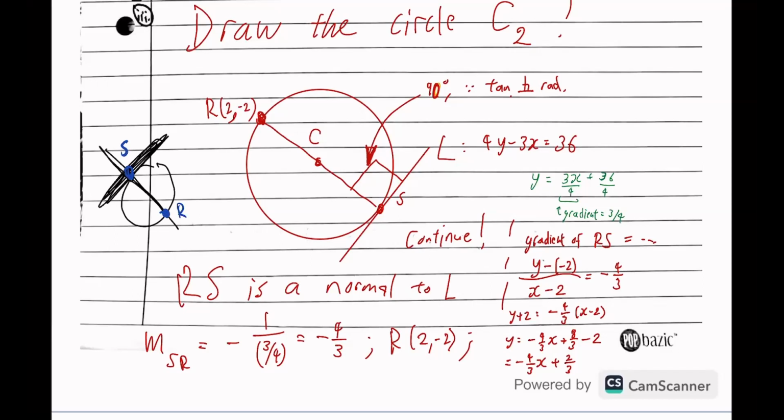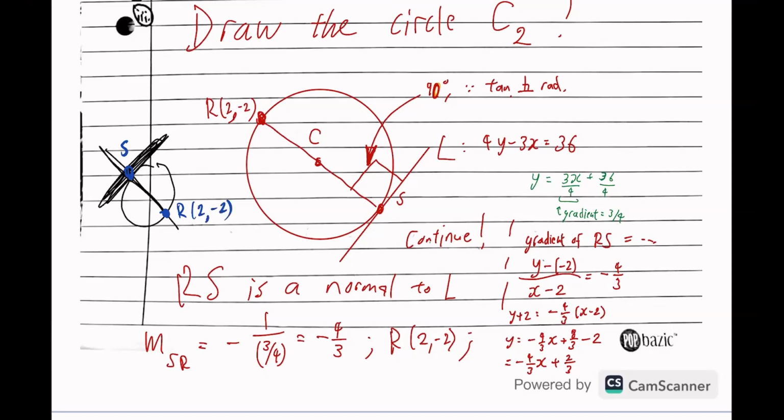Does it make sense? Let's write down the coordinates of S. Was it given? Oh, it wasn't given. That's the next part. Show that the coordinates of S is -4, 6. Which is the correct one?